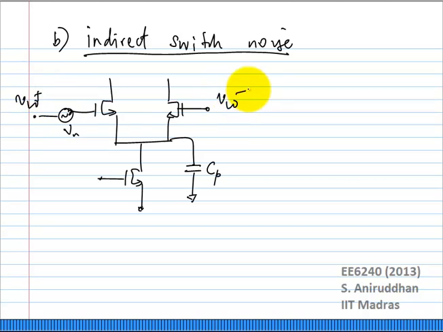Now what do we know about the switching pair? During a half cycle, the switching pair, let me call this M2 and M3. During the first half of the cycle, M2 is on. During the second half of the cycle, M3 is on. During that time, if you actually have a capacitance, the cascode will give you some frequency dependent noise.